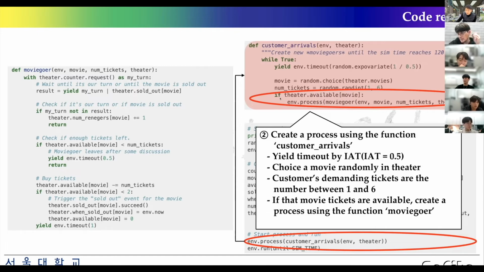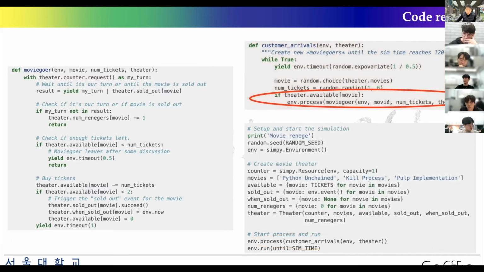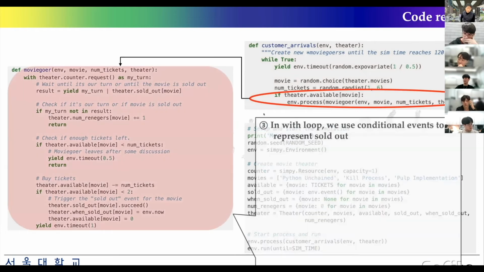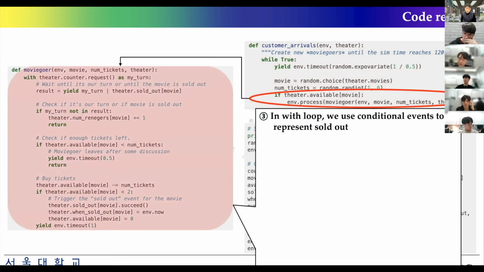So let's assume that more tickets are remaining with respect to the chosen kind of movie here. So this movie goer process is triggered. So go to the movie goer process.